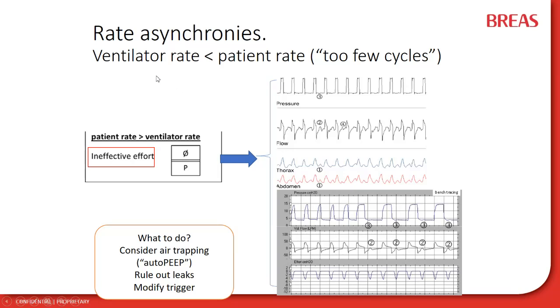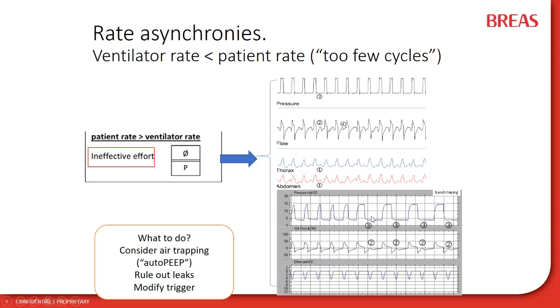opposite situation in which the ventilator rate is less than the patient rate. In other words, we have too few cycles, or we have missing cycles in the tracing. There is a single situation explaining this, that is the ineffective effort.